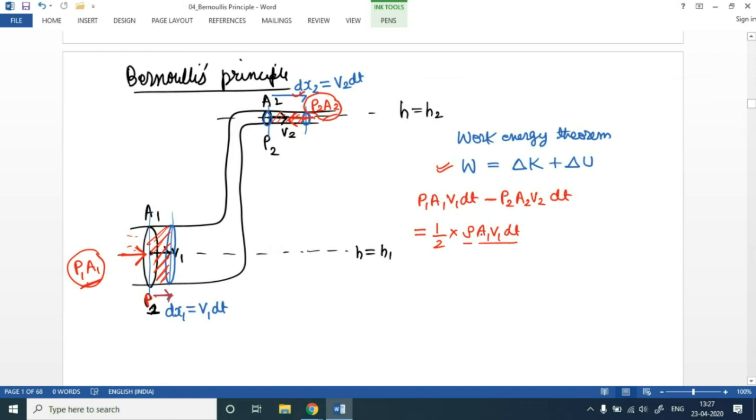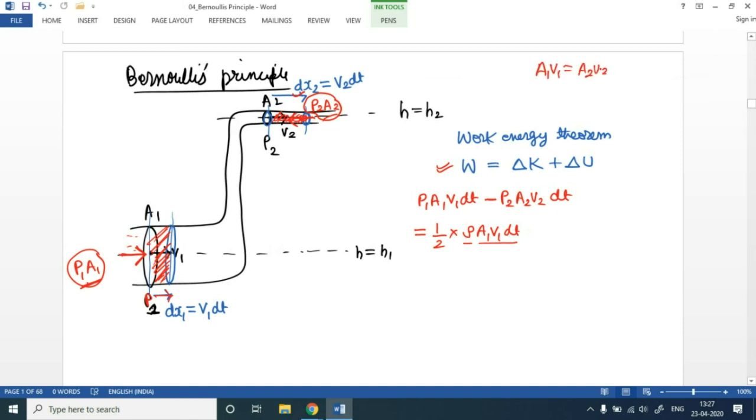So half times mass into v2 square minus v1 square. And you must realize the mass of this segment over here and this segment over here are the same, because rho A1 v1 dt would be the mass of this, and rho A2 v2 dt would be the mass of this segment. From the equation of continuity we already know that A1 v1 is equal to A2 v2.